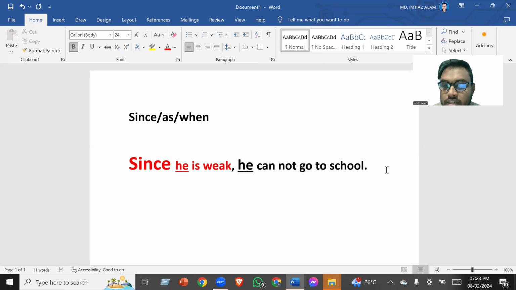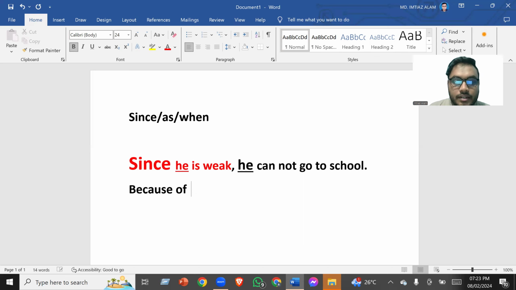He didn't go to school. Why? Because he was weak. He was ill. So this is referring to illness as the reason. So when the sentence starts with since, as, when, both the subjects are the same, and the sentence indicates a reason, then in the simple sentence you have to write "because of."